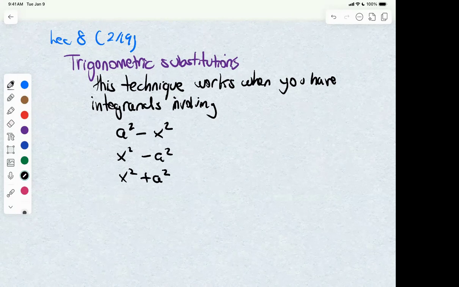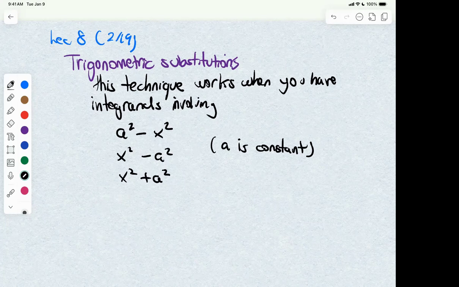Here A is a constant. So it involves differences or sums of squares, where one of the terms is x squared.